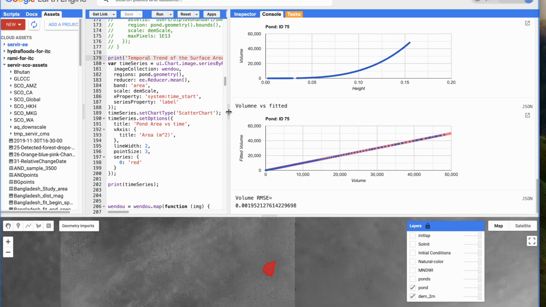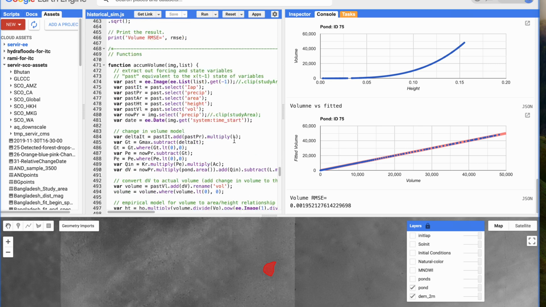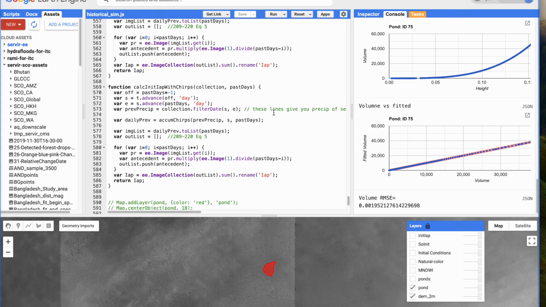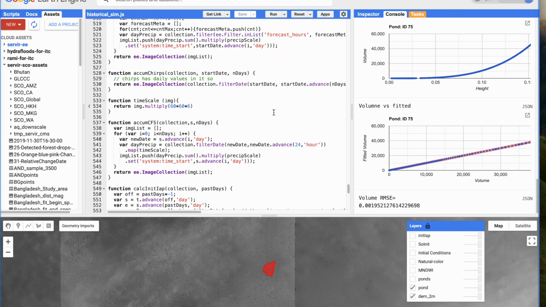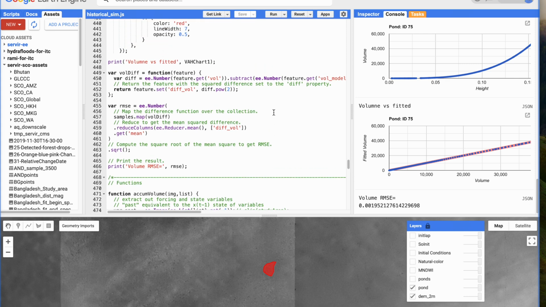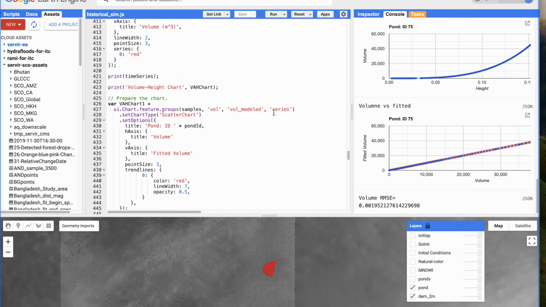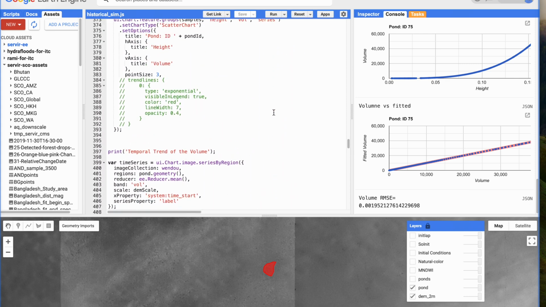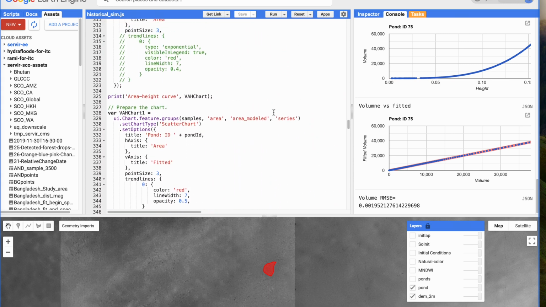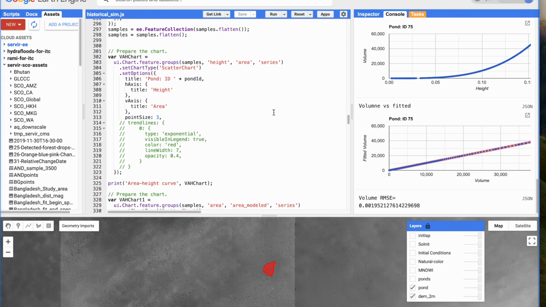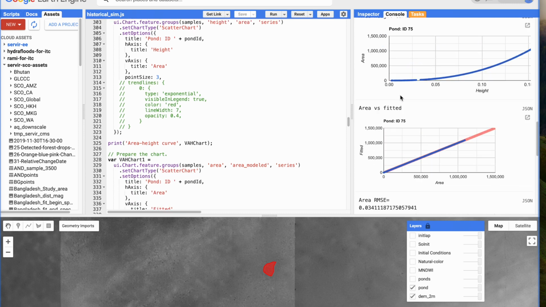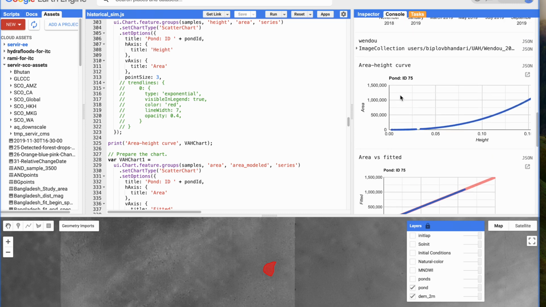Yes. Just give me a second, just navigating here.